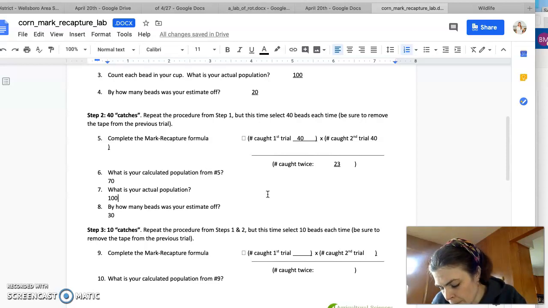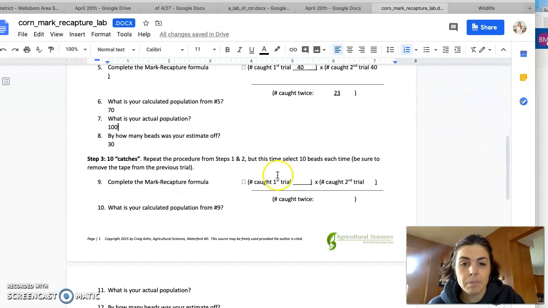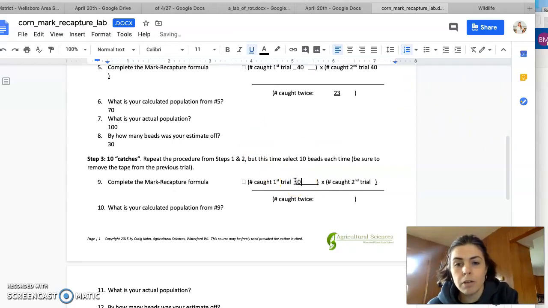All right, so I'm on my last trial here, 10 corns, and I've already caught them, but I did not get any that were marked the second time that I caught them. So number caught once is 10. Number caught twice is 10. Or excuse me, number caught in the second trial is 10. Number caught twice was 0.